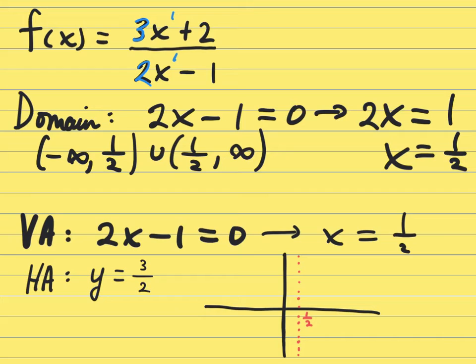The horizontal asymptote, your graph can pass through it, but the importance of it is where your graph has x values that are extremely large or small, your graph will flatten out at that horizontal asymptote.